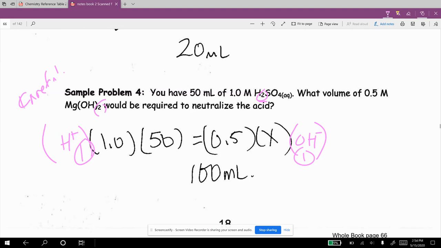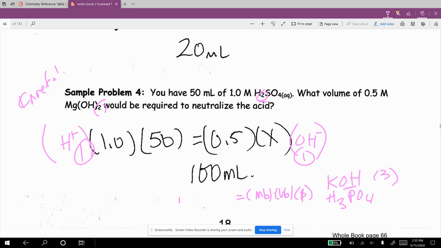Because, for example, if I had potassium hydroxide and H3PO4, I would need 3 times the amount of OHs. I would need a 3. So then I would have the molarity of the base, volume of the base times 3, and then 1.